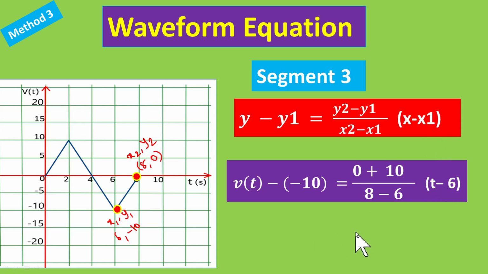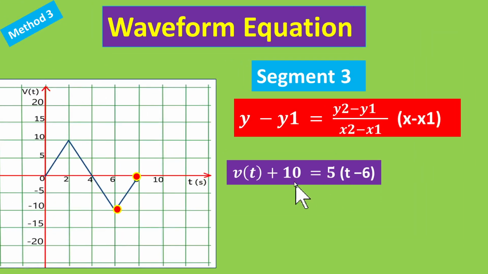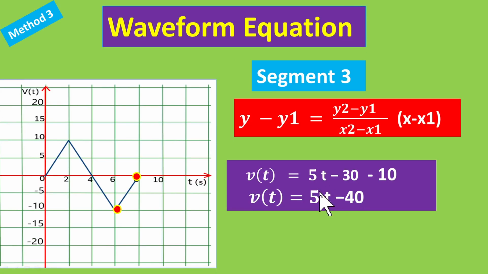So if you simplify this, we get v of t plus 10 equal to 10 by 2 into t minus 6. And this 10 by 2 is nothing but 5. So v of t plus 10 is equal to 5 times t minus 6. So you will get 5t minus 30 minus 10. So it is 5t minus 40.